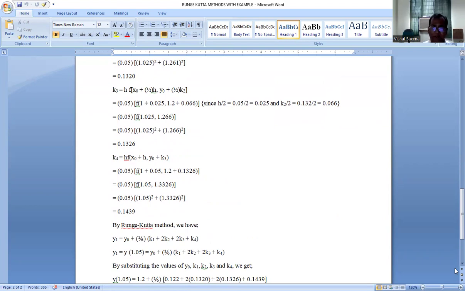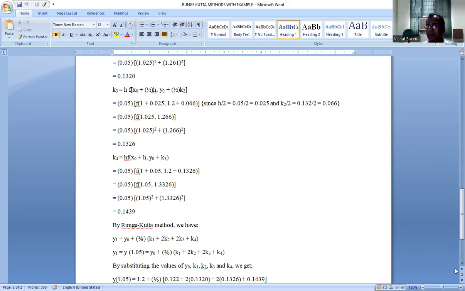So this h is 0.05, function f, and then what is x naught plus h by 2? X naught is 1 there, and h is 0.05. What is h by 2? It is 0.025, comma, 1.2, which is y naught, plus k2 by 2.